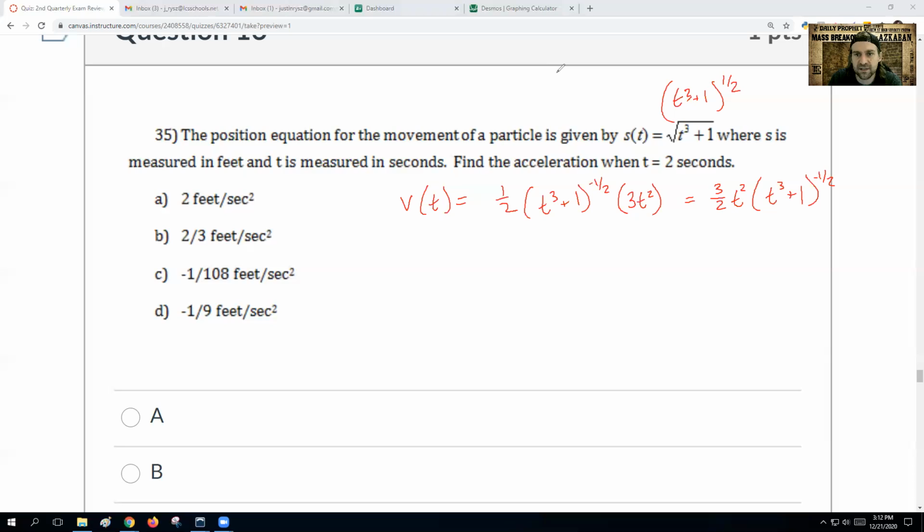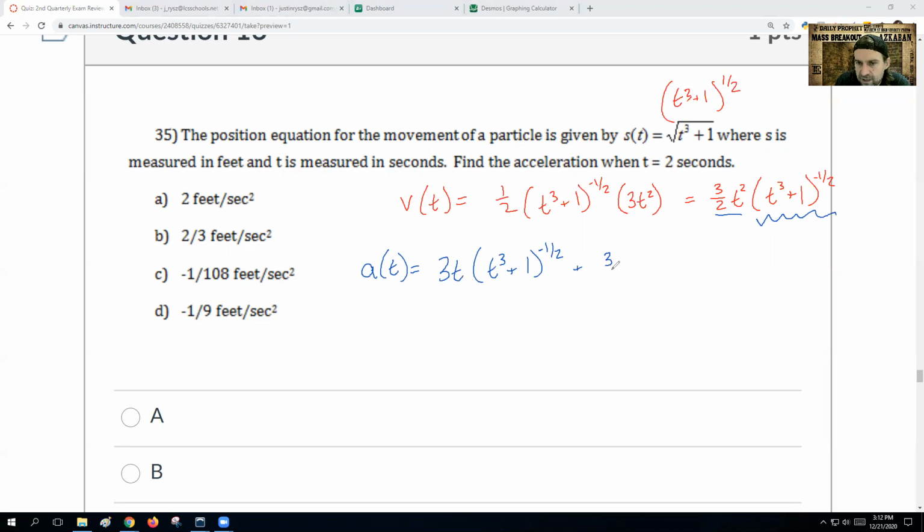All right, if we want to find the acceleration, we got to do the derivative of that, which means we got to do the product rule. All right, so acceleration. 3/2 times t squared, so we'll times it by 2, it would just be 3t. We'll leave the t cubed plus 1 to the negative 1/2 power alone.